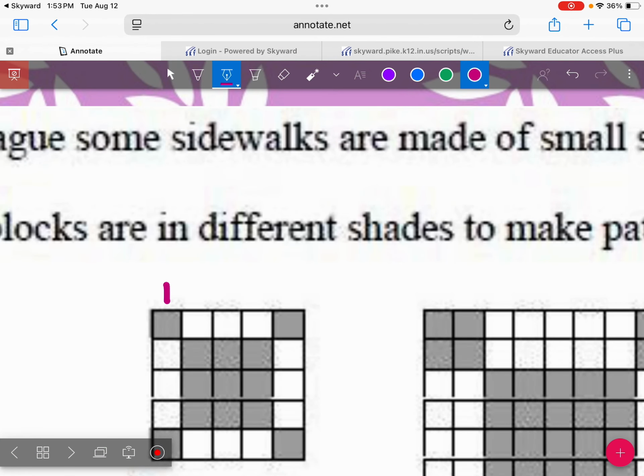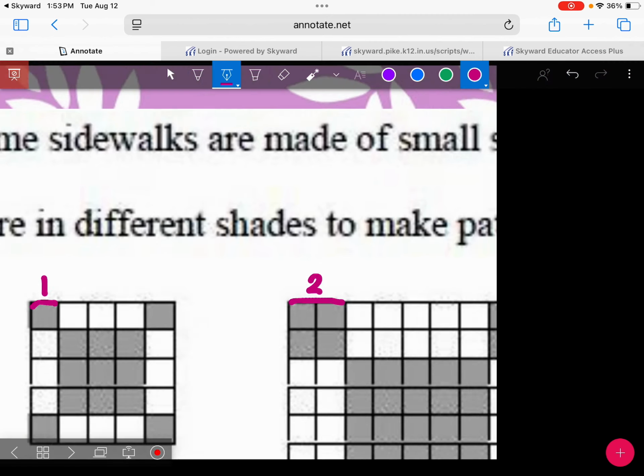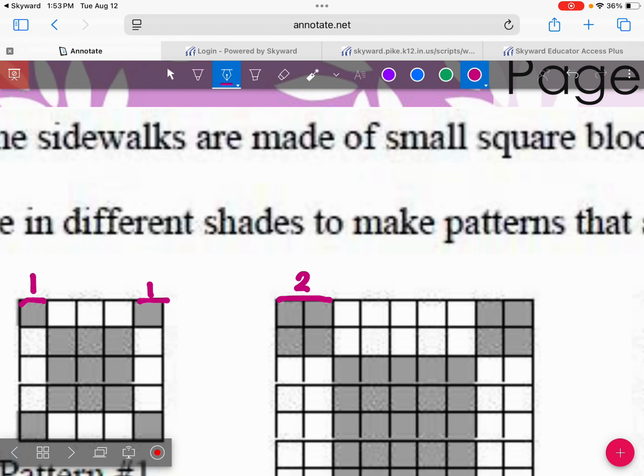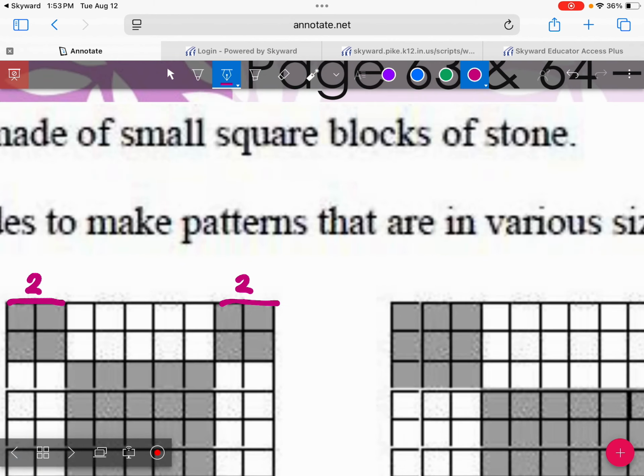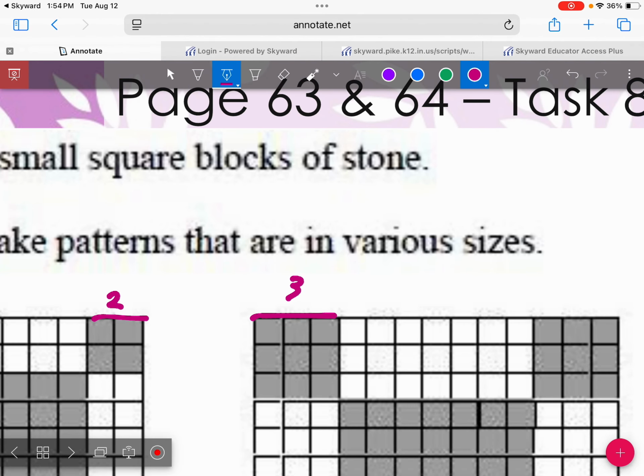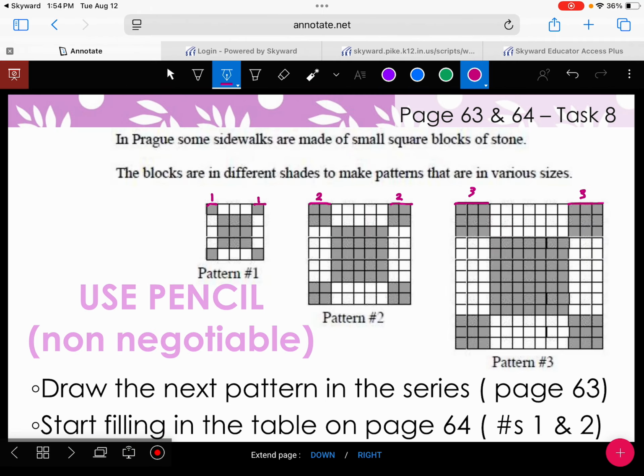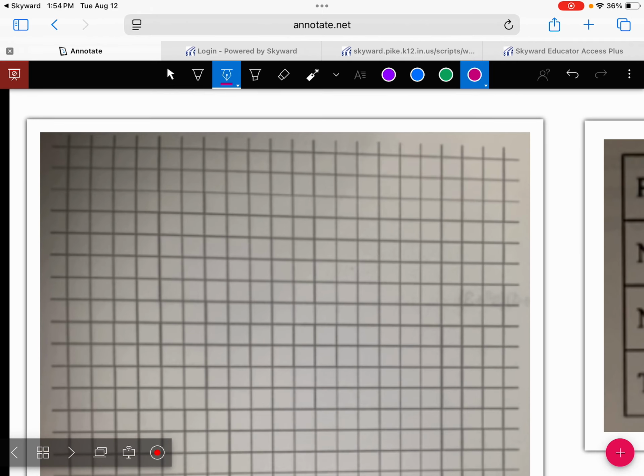I've got a 1 here. This guy has 2 here. This guy has 3 here and here. So we know wherever these corners are, it's going up by 1. So on pattern number 4, we know it's going to have 4. I'm just going to pick a spot: 1, 2, 3, 4. So it's kind of shaped like this in the corner.